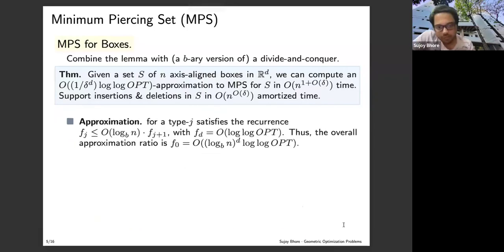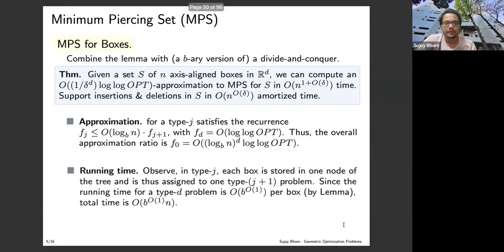So the approximation factor for a type J satisfies the recurrence that f of J is at most order log_B n times f of J plus 1. And therefore, the overall approximation factor is (log_B n)^D times log opt.